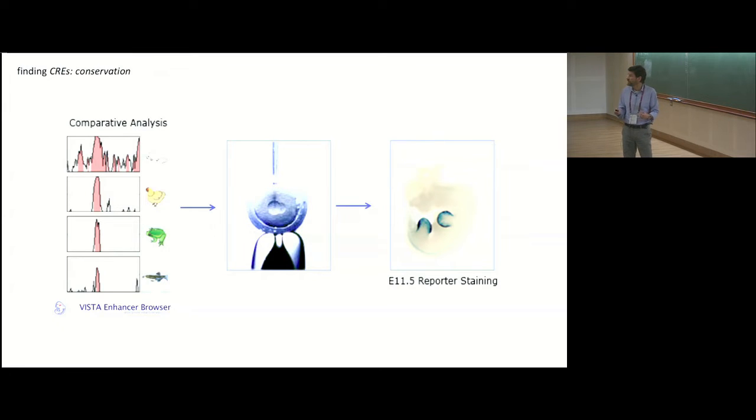What you do now is exactly what I told you would do with the even-skipped stripe. You would clone this piece of DNA upstream of a neutral promoter, driving the expression of lacZ. Now you generate transgenic mice, in this particular case, and then you see that this piece of DNA that you've identified, conserved in all these animals, is expressed in the developing limbs of a mouse, right?